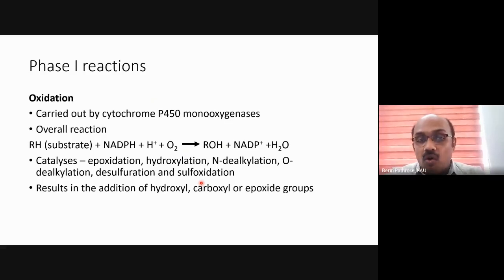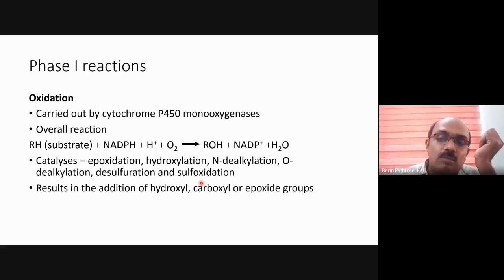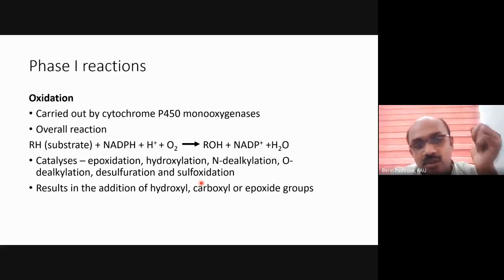All these reactions lead to the addition of a hydroxyl group, carboxyl group or epoxide group. With addition of a hydroxyl or carboxyl group, usually the compound gets detoxified because it becomes more hydrophilic and can be excreted. With addition of an epoxide group, normally the compound gets activated. We'll discuss it in the next slide with examples.